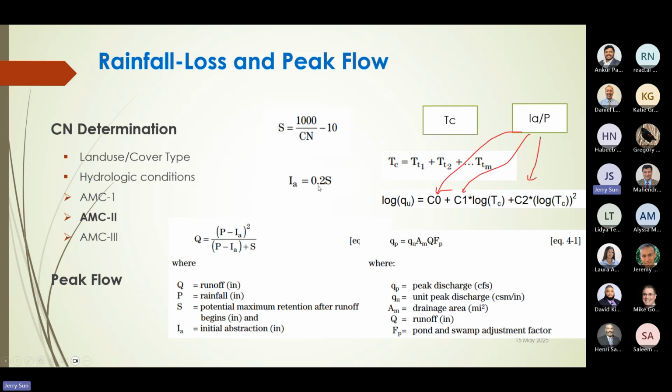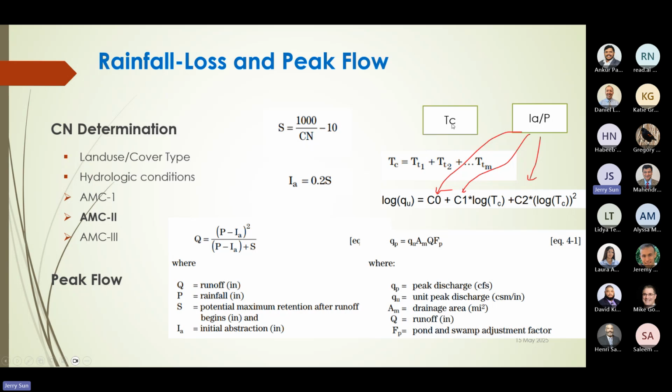Then you come up with Ia, pointed to S. This is called initial abstraction, whatever you call it, it's a loss. Then based on this, you look at different storm frequencies, like 1 year, 2 year, 10 years. For example, for 10 years you get a P, right? Then you get the ratio Ia over P, right?